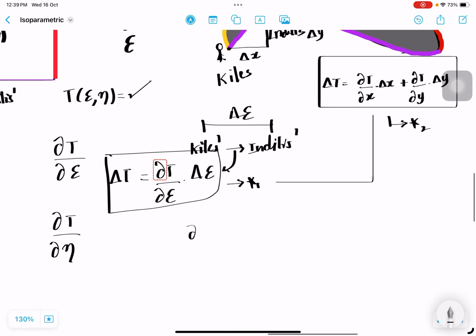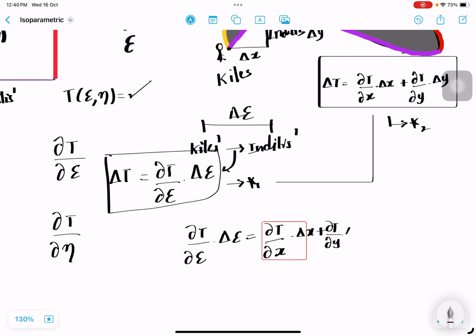I can equate the first star equation, which is dou T by dou epsilon into del epsilon, with the second star equation, which is dou T by dou x into del x plus dou T by dou y into del y.